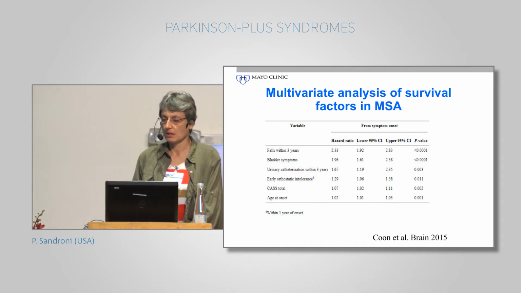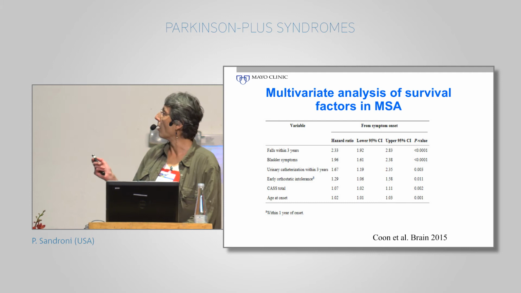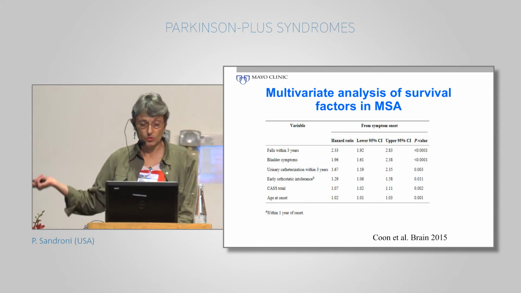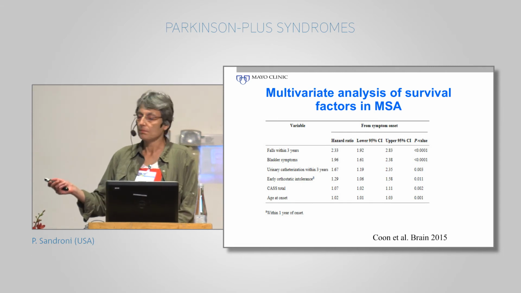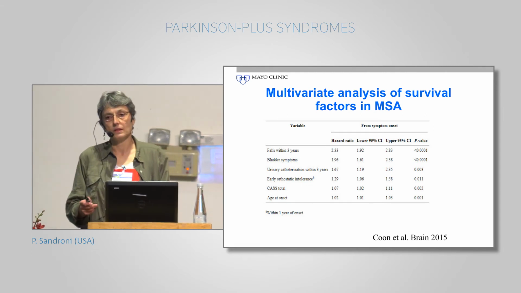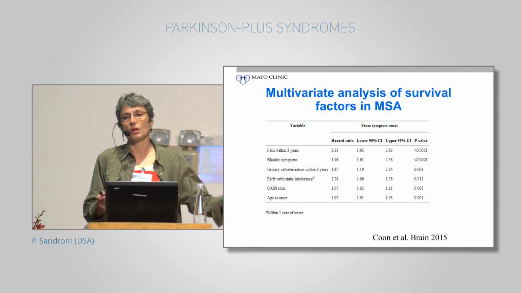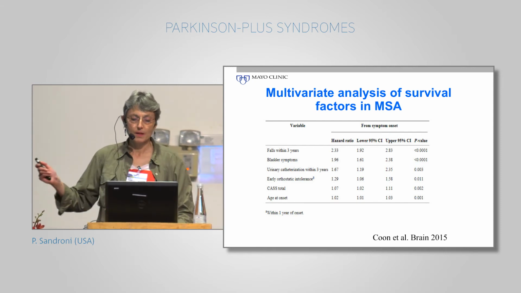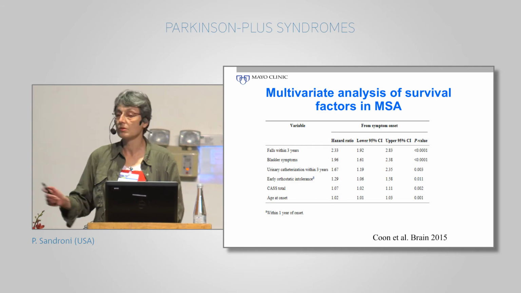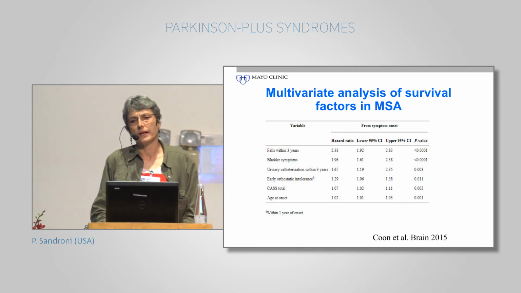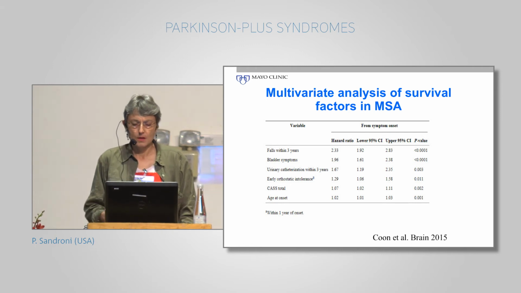Other risks of a worse or faster progression, besides the bladder, which was again the factor that predicted that pure autonomic failure will convert to MSA, is the presence of falls within 3 years from the onset. That usually portends a poorer prognosis.